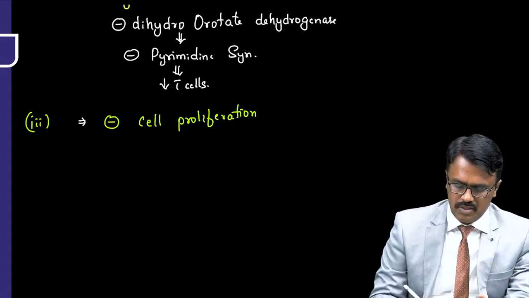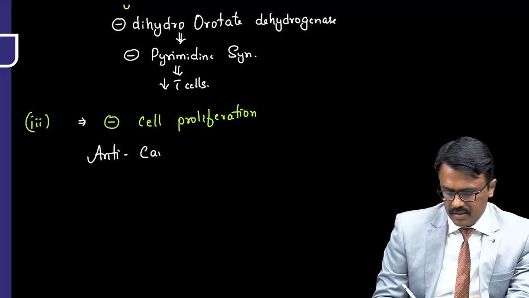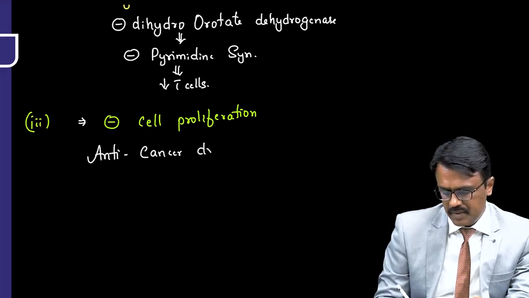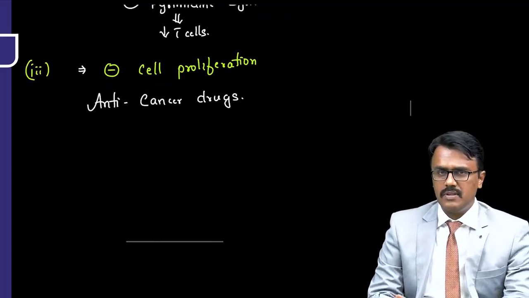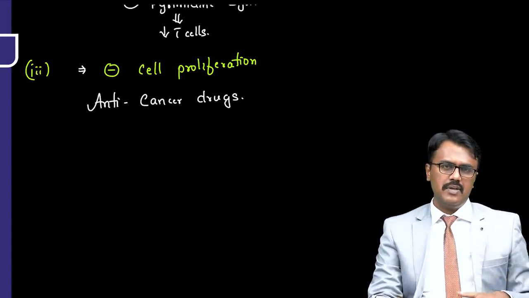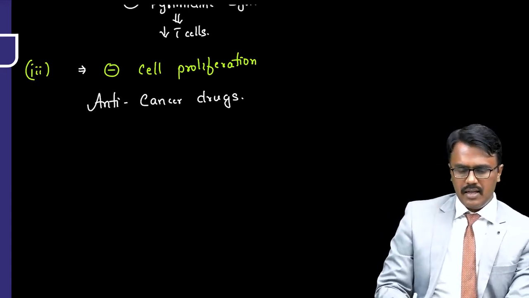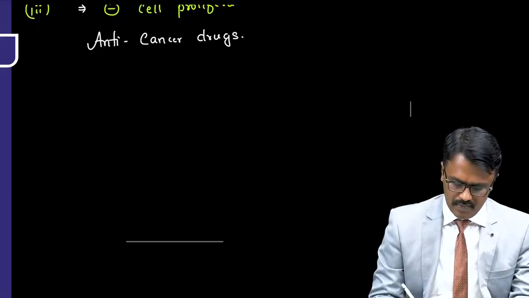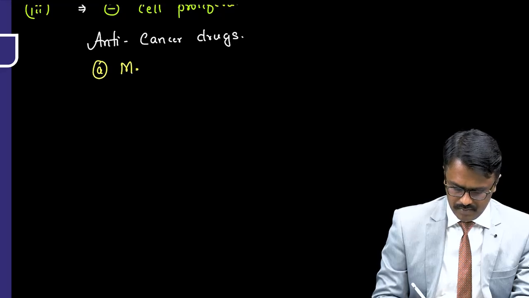Other drugs which stop the cell proliferation are the anti-cancer drugs. Certain anti-cancer drugs are also used as immunosuppressants. I know with most anti-cancer drugs, the bone marrow gets suppressed. When the bone marrow is suppressed, obviously there is immunosuppression, but not all the anti-cancer drugs are used. An example is methotrexate.